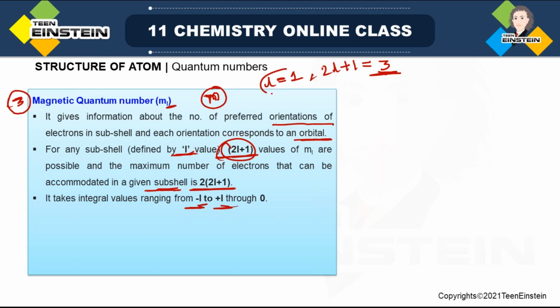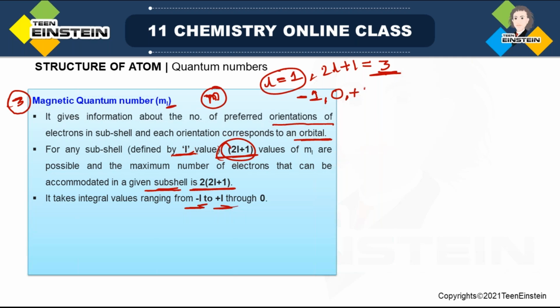So l is 1 and the total possibility is 3. So it will start from minus 1, because minus 1 is basically minus l. The next one is just simply add plus 1. So when you add plus 1 with minus 1, it will give you 0. Next again add plus 1, so 0 and plus 1, it is basically plus 1.